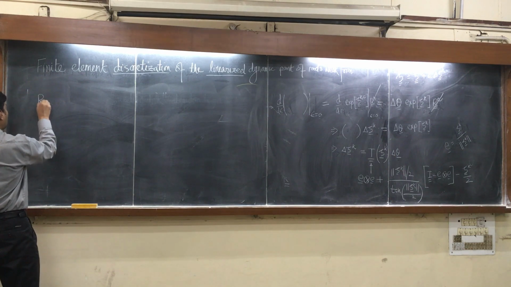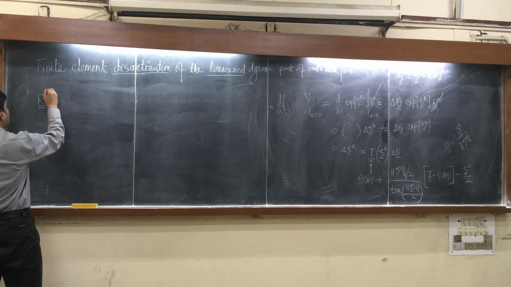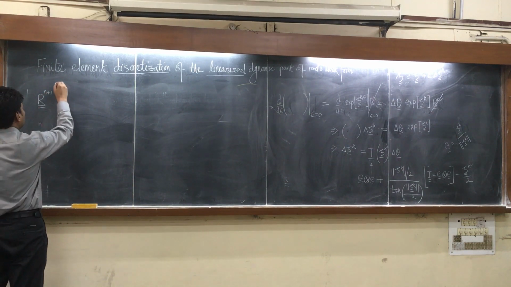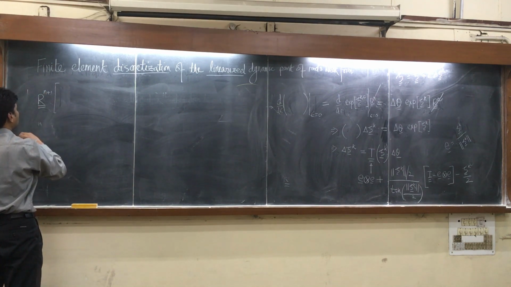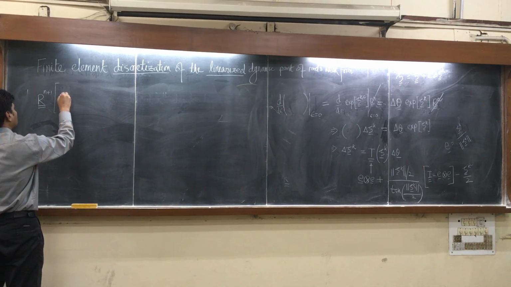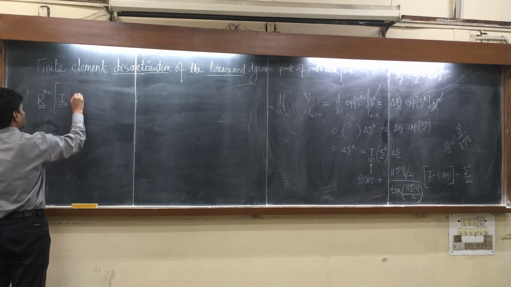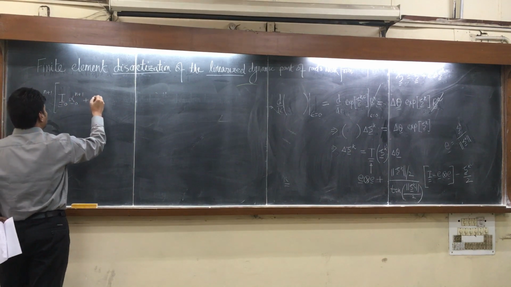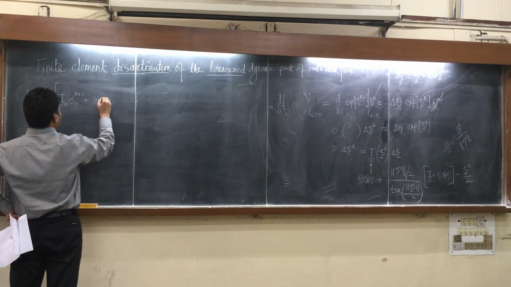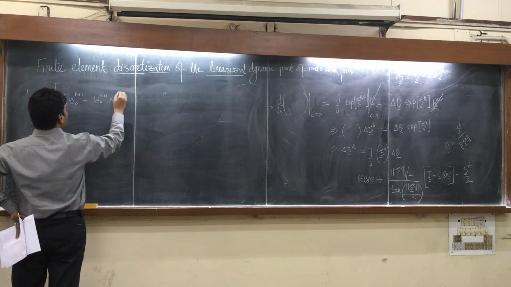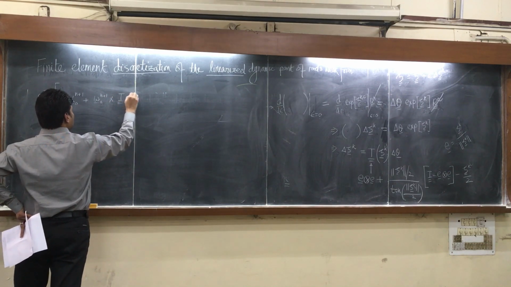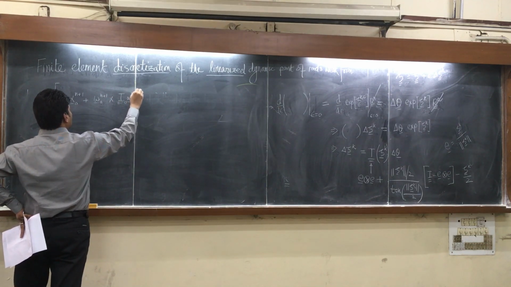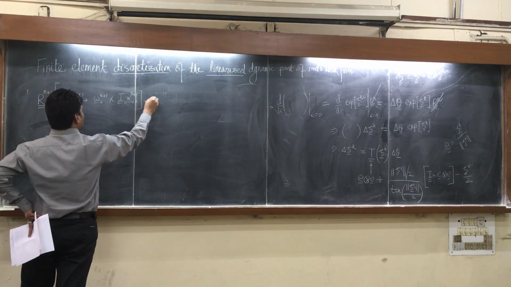So isn't that R n plus 1 into I naught alpha naught n plus 1 plus omega naught n plus 1 cross I naught alpha naught n plus 1. This is then called delta theta.